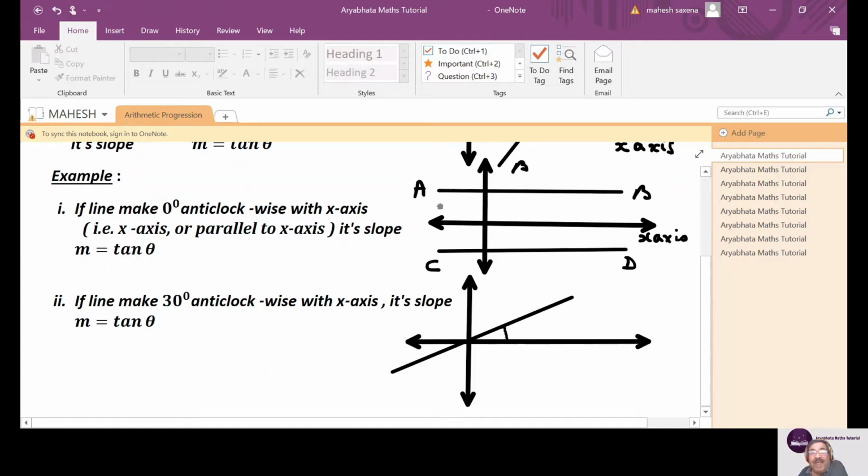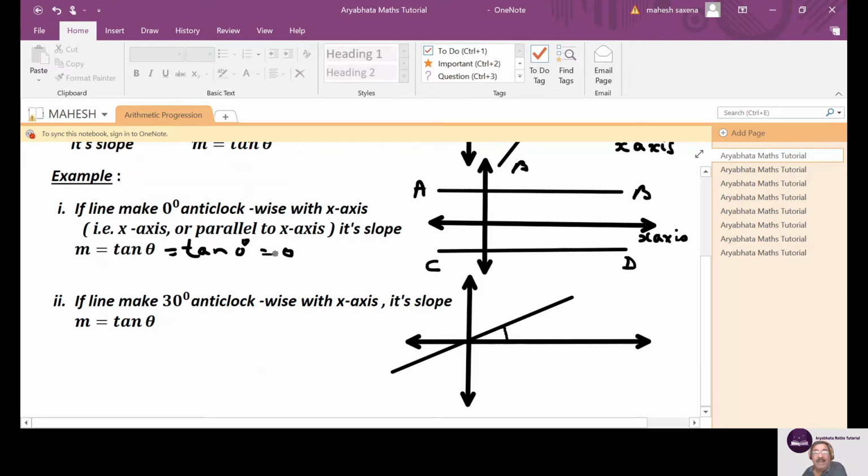Therefore, the slope m is equal to tan theta, that is tan 0 degree, which is equal to 0. Therefore, the slope of the lines parallel to the x-axis, or of the x-axis itself, is 0.